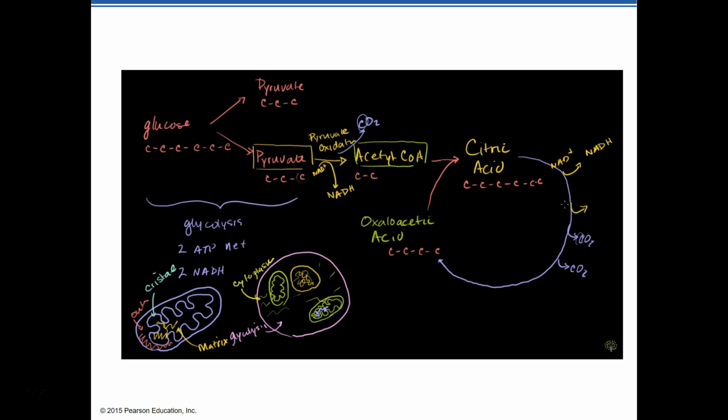There are intermediate compounds. I'll show you those in a second. Another NAD plus molecule will be reduced to NADH. Maybe we'll produce some ATP, some ADP will turn into ATP. ADP turning into ATP.